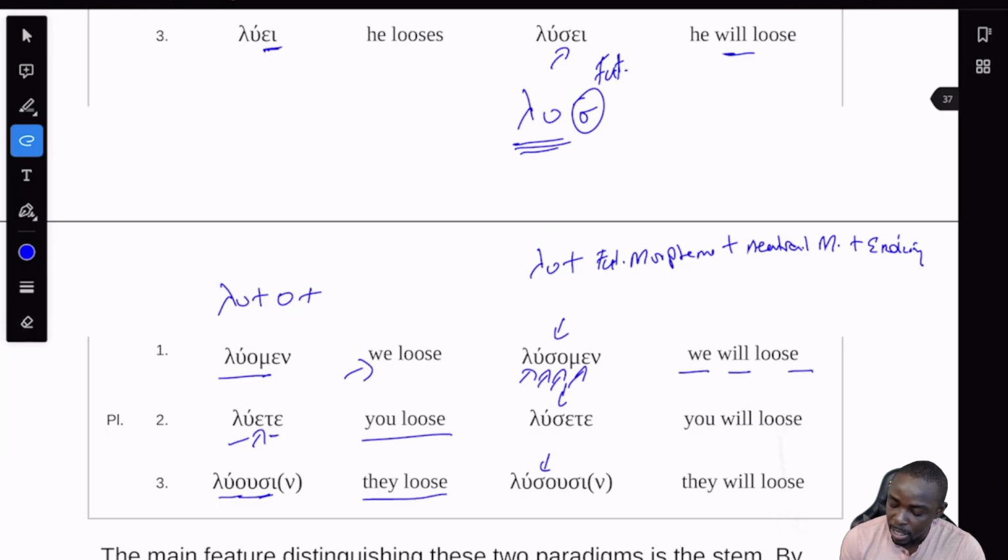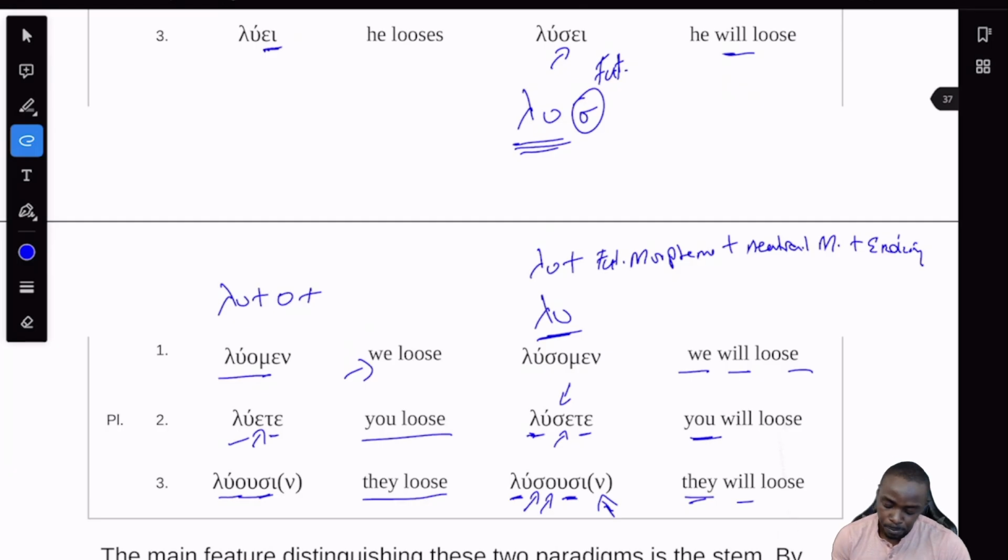And you just keep in mind that the main thing is the stem. What is going on? That's the stem. And what's added to the stem? So you have the stem here, and then you have the future morpheme, then you have the neutral morpheme, and then the ending, you plural. And then you have the stem, the future morpheme, the neutral morpheme, and then you have the usi, and then you have this N right here, they will lose. So this we're going to come to shortly because he explains for us exactly what is going on.